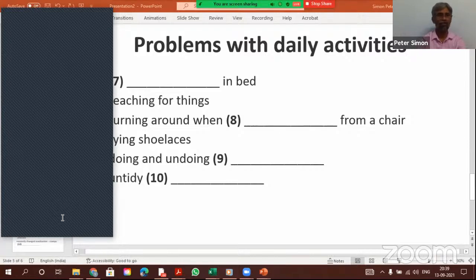Yes, question number 10. Untidy dash. 7, 6, 5, 4, 3, 2, 1, and submit.